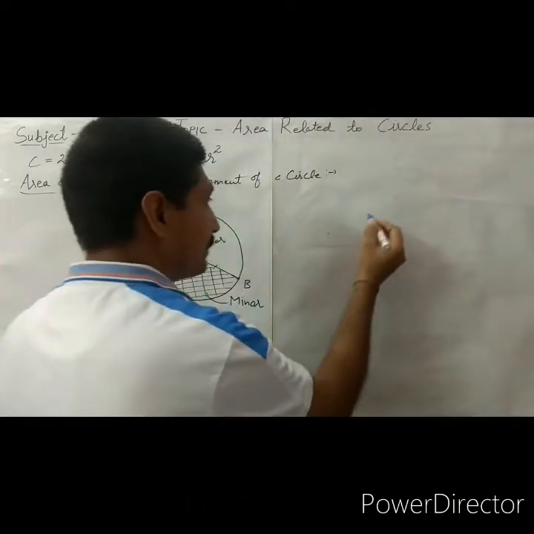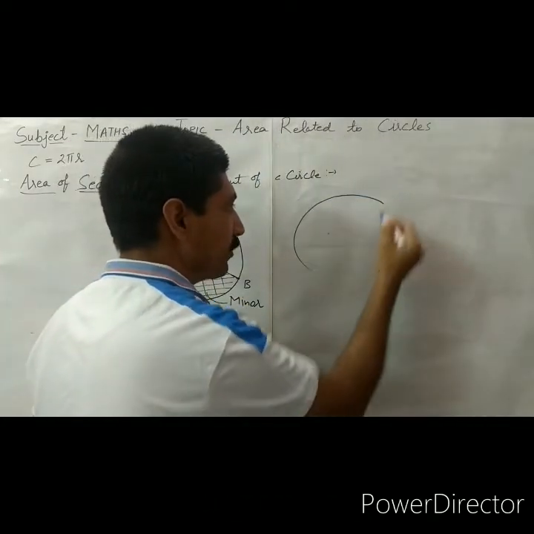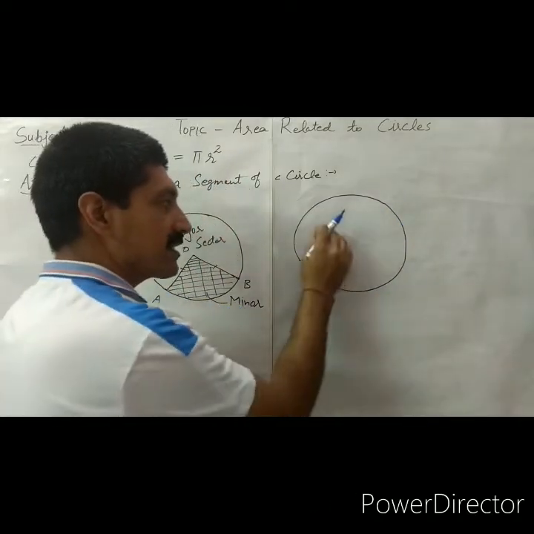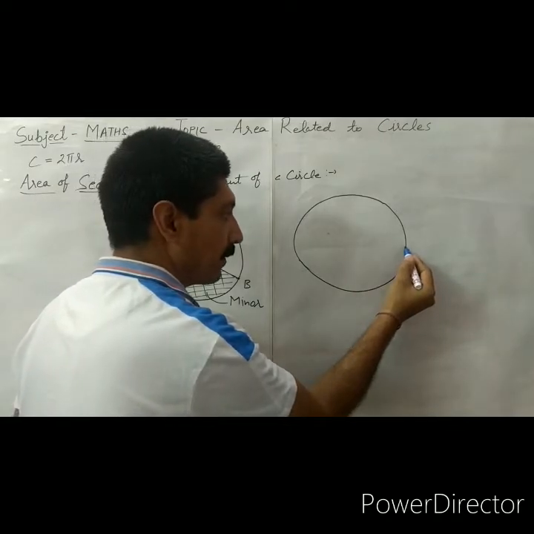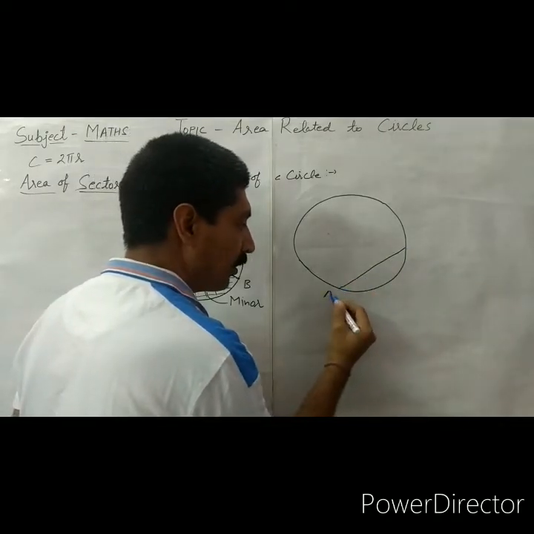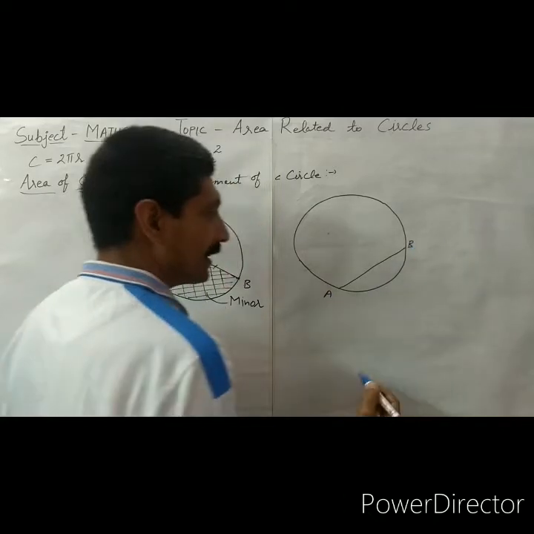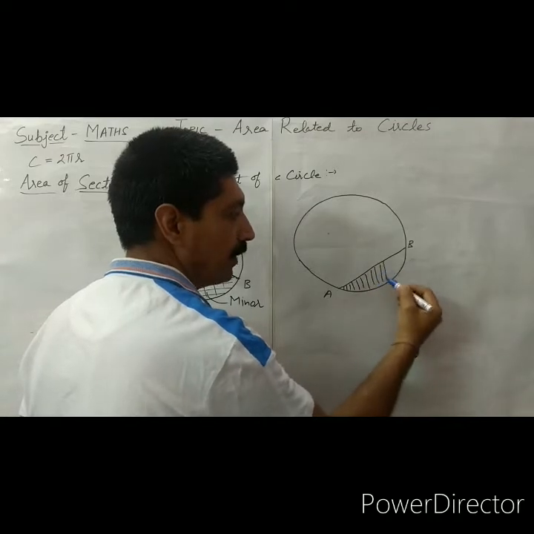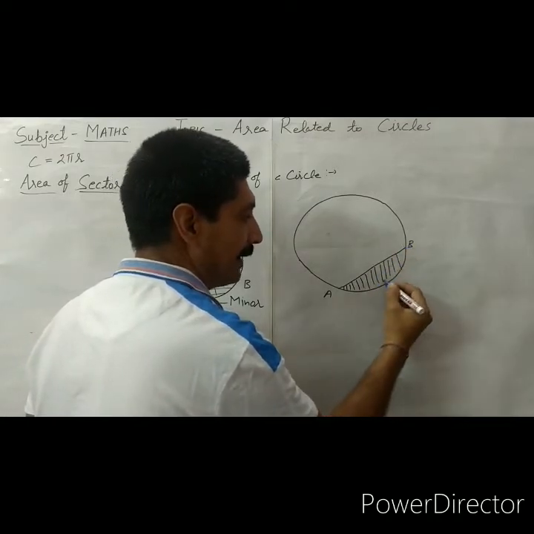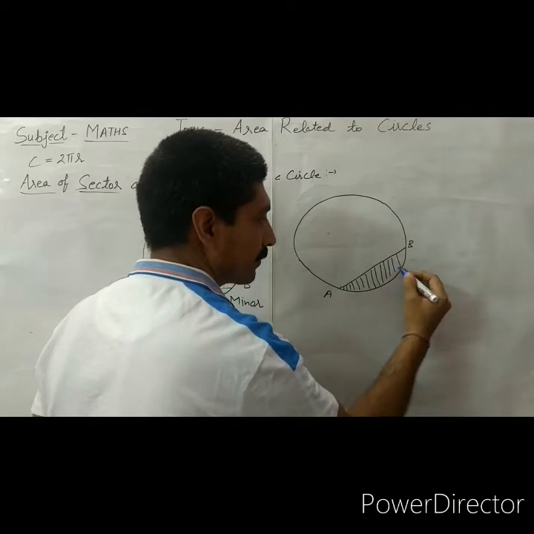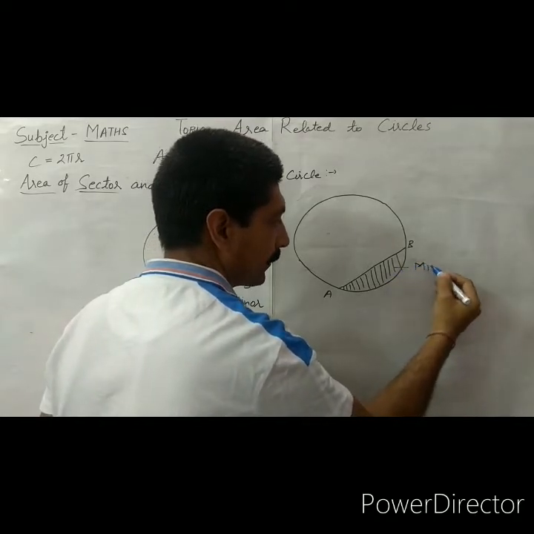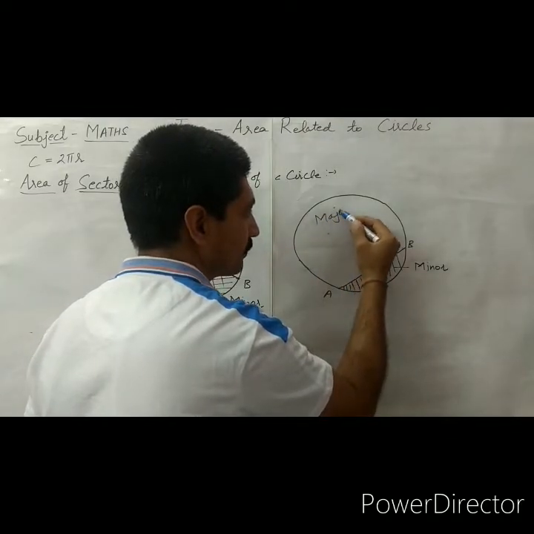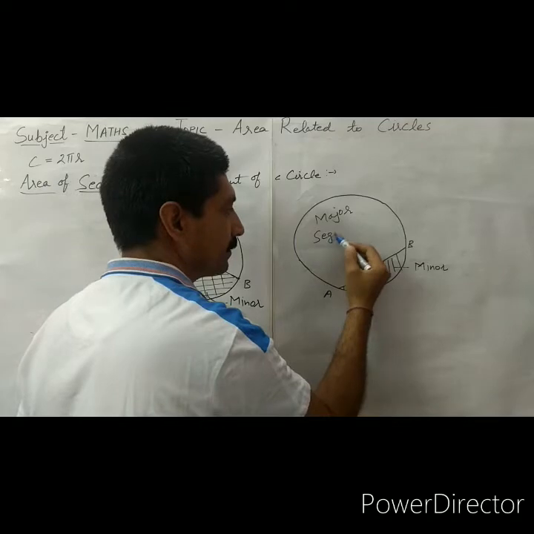Similarly for the segment, when we divide a circle by a chord AB, then the smaller portion of the circle is called the minor segment. This is the minor part and this is the major segment.